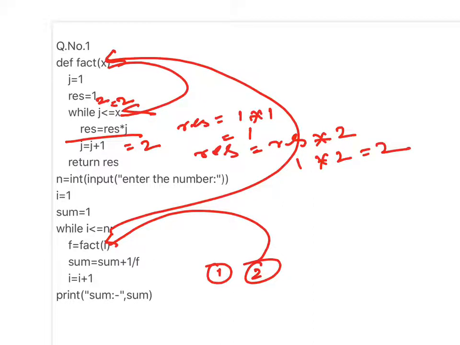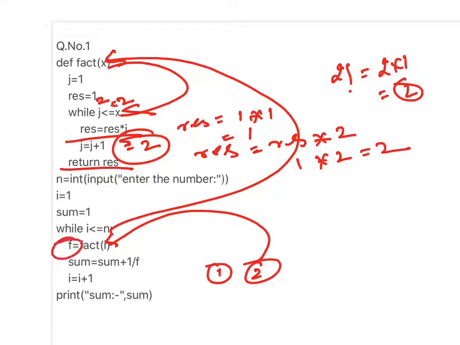So now the factorial of 2 is 2 into 1 equal to 2, and we are getting the same answer from here. So it will return this one, and the factorial of 2 will be stored now where? Into f. Now for the second step, sum equal to sum.